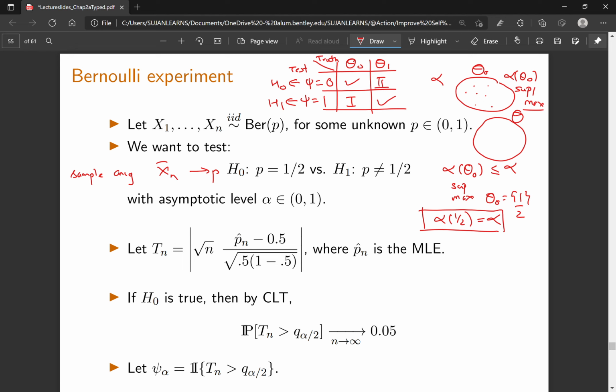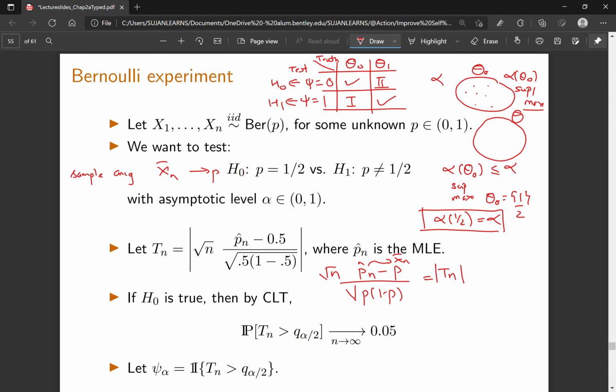First, we'll start with p hat n, which is maximum likelihood estimator of p, which is xn in our case, and the variance will divide by p(1 minus p), which is the actual or true value of p, and square root. This is our test statistic.